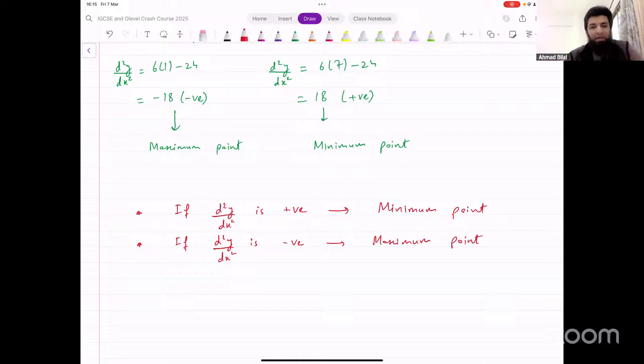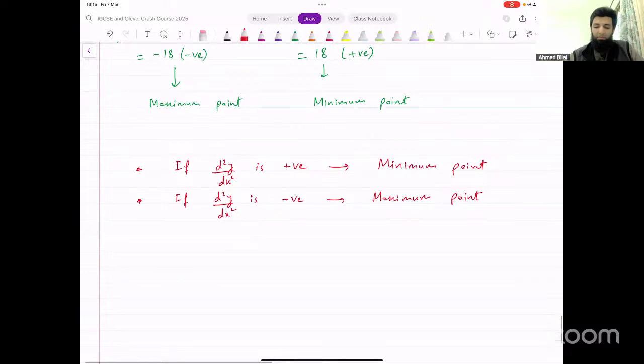Okay. Positive second derivative means minimum point. Negative second derivative means it's a maximum point. And that's what you need to know about stationary points.